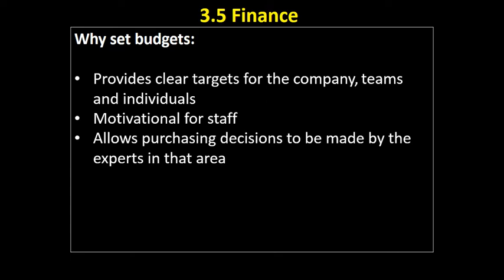So by setting a clear target for the business department, the head of business, who's presumably experienced and is aware of what the best books are, what the equipment needed will be, can then spend that budget on the most effective things for them to achieve their objectives. Again, that contributes towards budgets being motivational. If staff feel empowered to make the decisions about how they can best do their job and meet their targets, that's likely to be quite motivational.